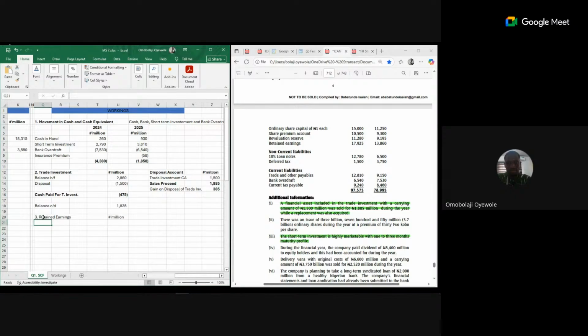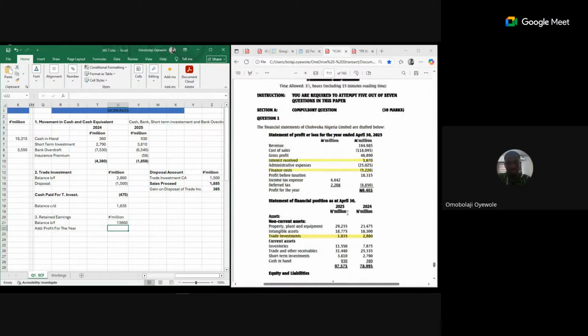Now, look at the balance. Let's confirm the balance in our retained earnings. Balance brought forward is 13,860. That's last year's balance. Now, you add your profit for the year. The profit for the year is on your profit or loss statement.